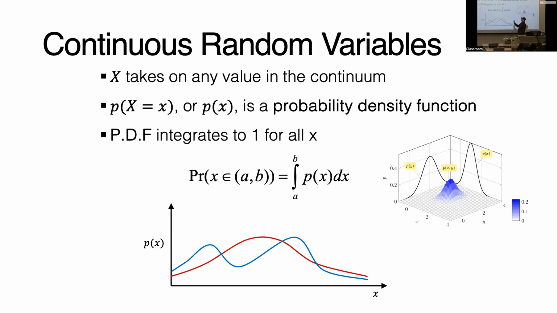So in probability, we have to worry about continuous random variables. We have some continuous random variable X that can take on any value in the continuum. And then we want to know the probability that that variable X is a value x. We'll use capital X for the random variable, lowercase x for the value that we're testing.